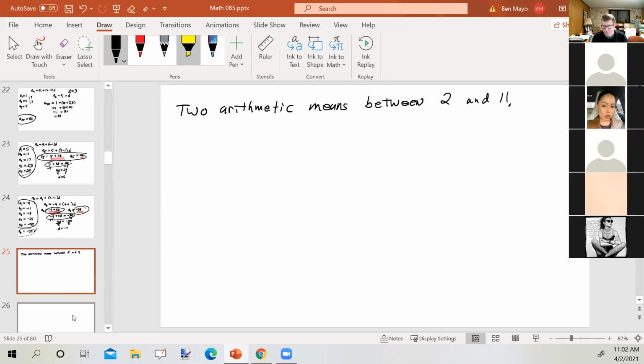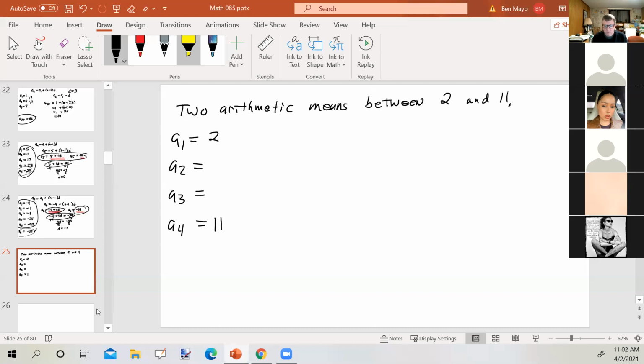So a sub 1 is 2, then I'm going to have 2 arithmetic means, which means that 11 is a sub 4. Why do I know that 11 is a sub 4? Because I've got a sub 1, then 2 more terms, a sub 2 and a sub 3, finally a sub 4.